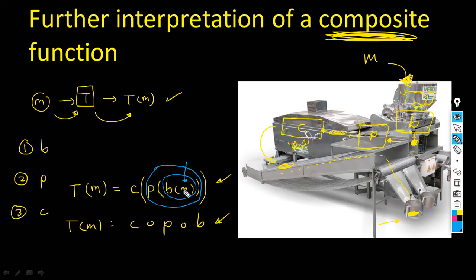All of this is now the flat disk of the tortilla. Now, you're going to give C that flat disk of a tortilla, and the function C will cook it, and that's it. First we implement B, first we make the ball, then we press it, and then we cook it.